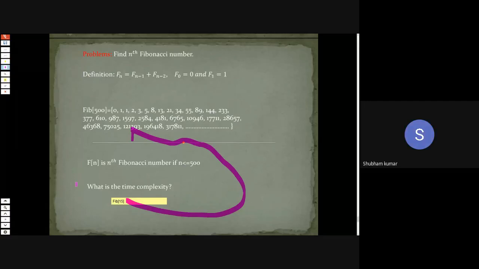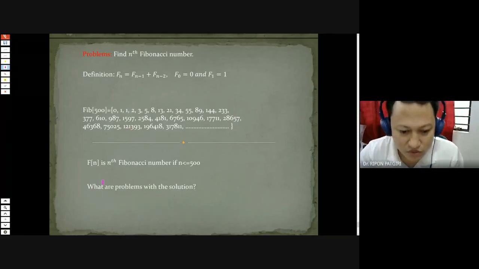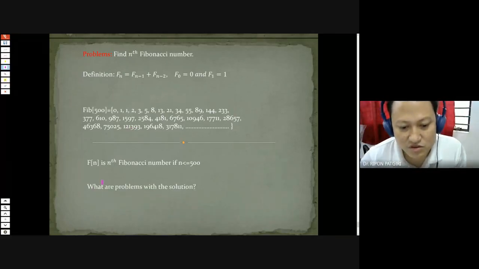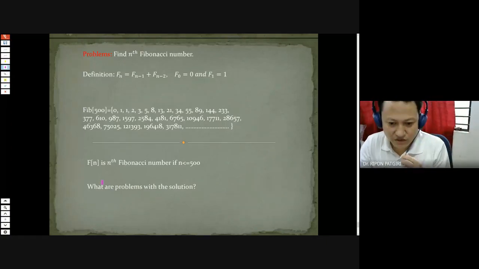Sir, but this method is for limited n. Now, what are the problems with this solution? One is that limited n. N is very limited.